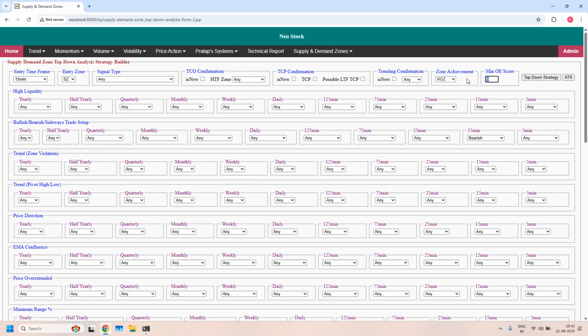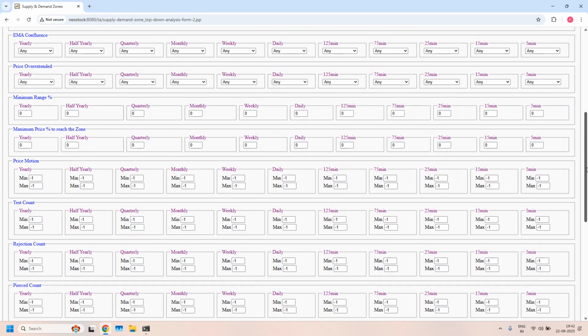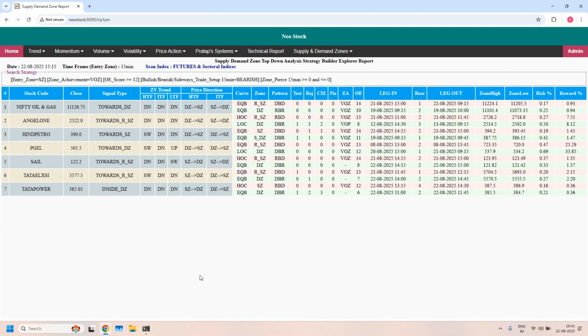Minimum odd enhancer score is 12. And also 15 minute supply zone should not be pierced. So in the pierced count, at 15 minutes time frame, minimum value should be 0, maximum value should be 0. By setting all the filters, we got 7 stocks.